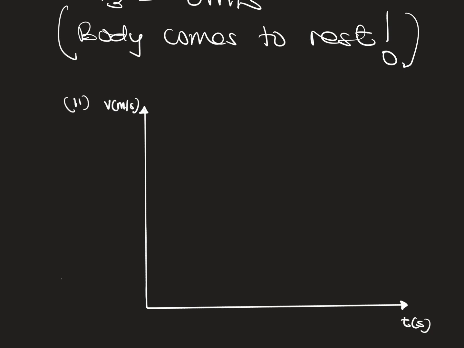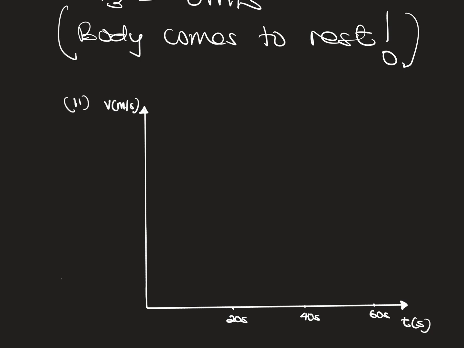You should bear in mind that each interval lasted for 20 seconds, right? So there was equal time interval. So we're going to have 20 seconds here, 40 seconds here, and 60 seconds here.